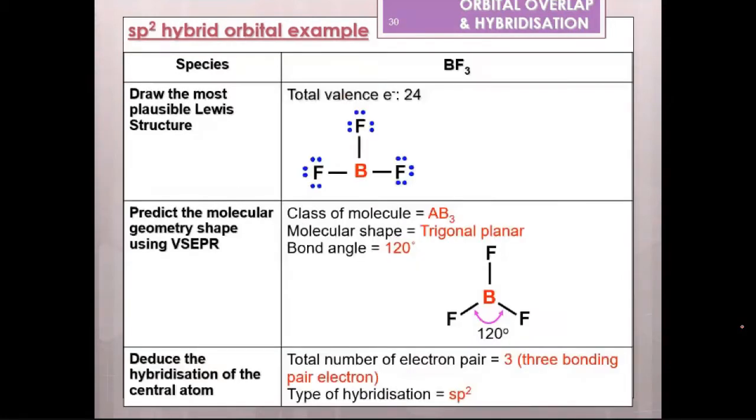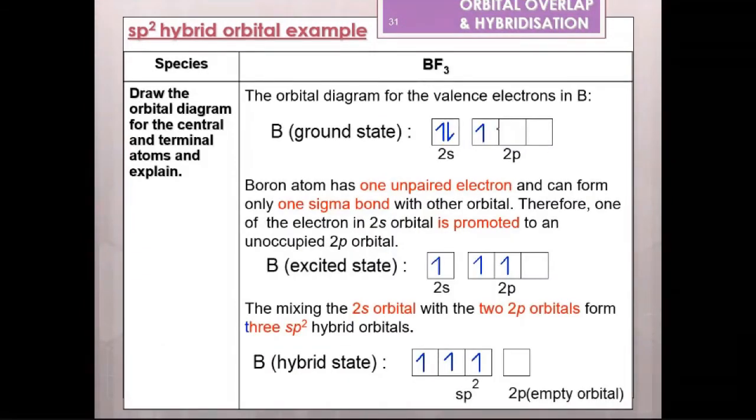Okay. Next is trigonal planar. 3 bonding pairs. So you check. In this case, it can only form 1 bond. Not enough. That's why excited state. So one of the electrons from 2s is excited over here. Okay. So 1 unpaired electron only and can form only 1 sigma bond with another.